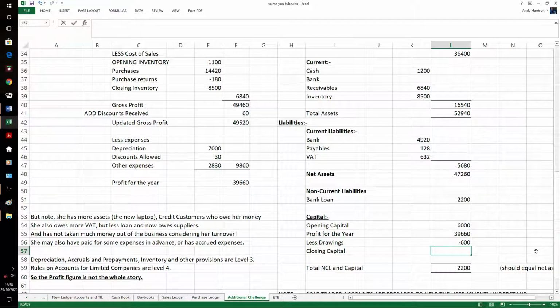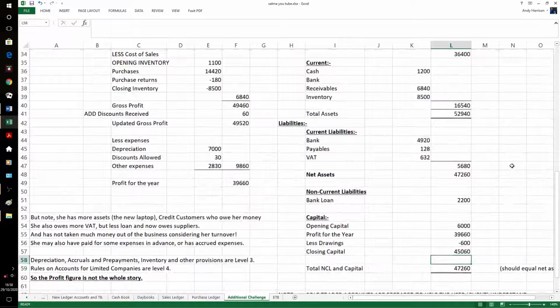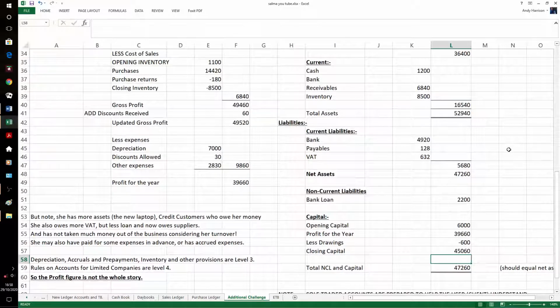I think 45,060. The balancing figure should equal the net assets. Yep, so the 47,260 adds up to our net assets. So we've actually drawn up our final accounts on our bookkeeping.